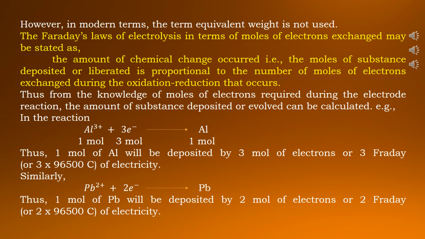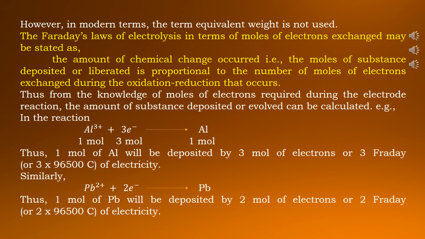Therefore, by knowing the amount of electricity passed, we can easily calculate the number of moles of products formed from the particular electrode reaction. And from the moles of the products formed, we can calculate the masses of the products or their volumes if they are gases.